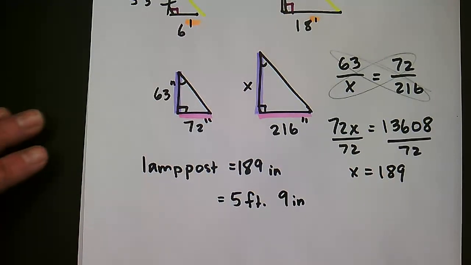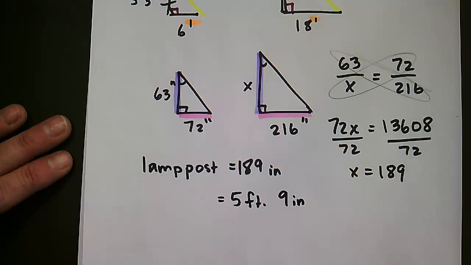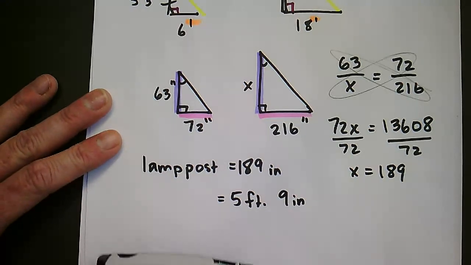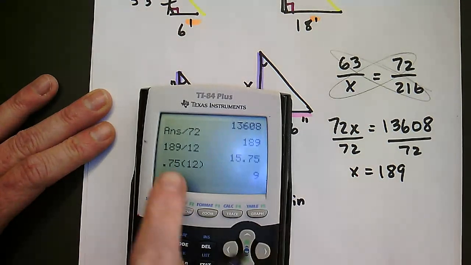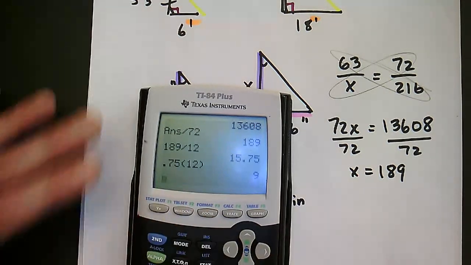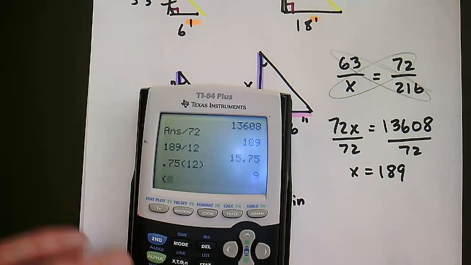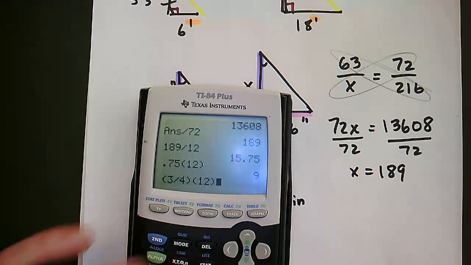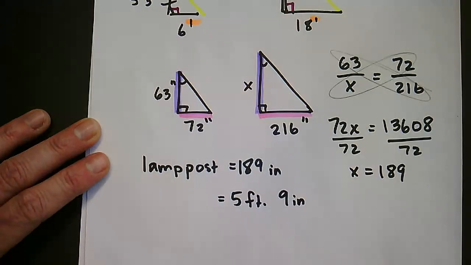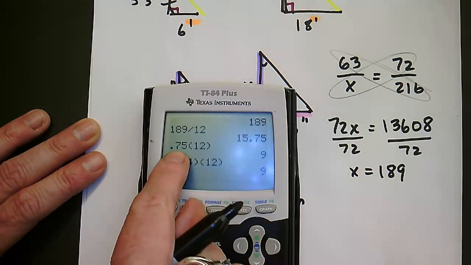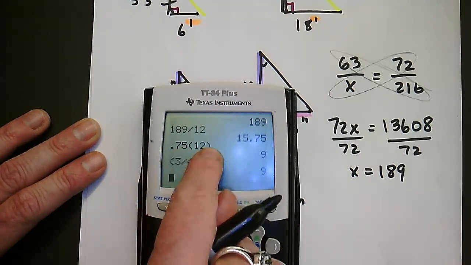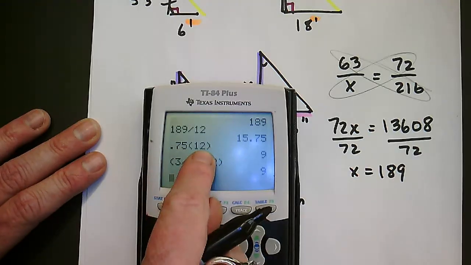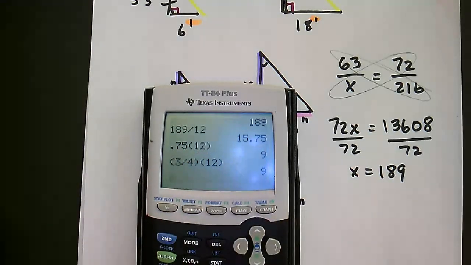Another way to do it would be to convert the 0.75 to a fraction, that's 3/4, and do 3/4 of my 12 inches. Same thing, it's going to be 9. The way I like to do it is just take that decimal, and it's that much of a foot, that much of 12 inches, 0.75 times 12, which is 9.